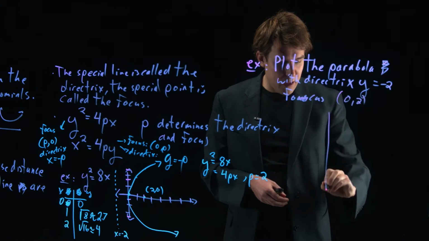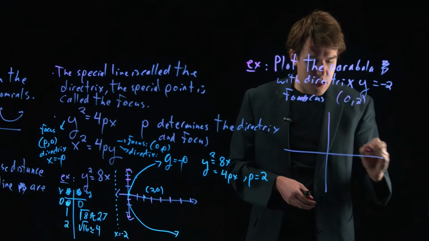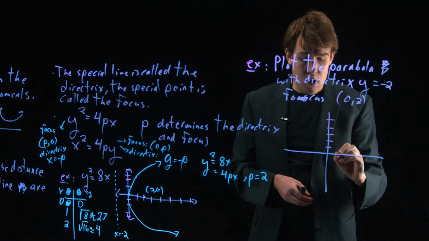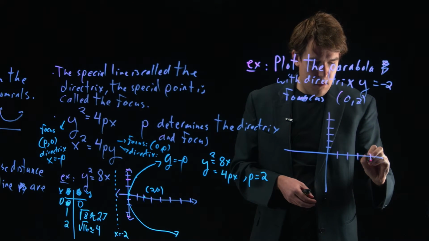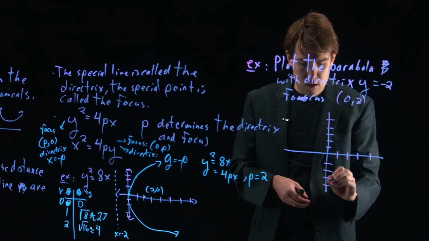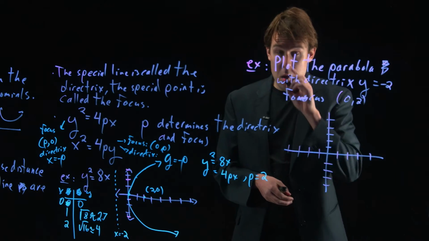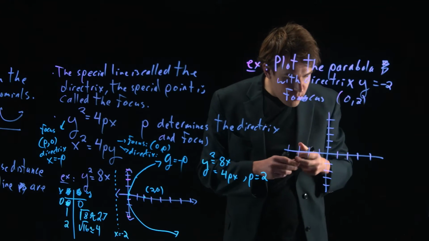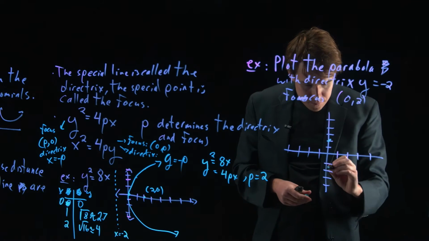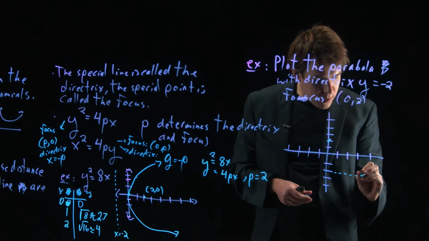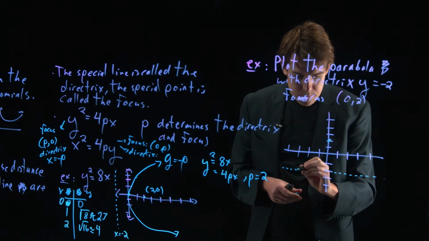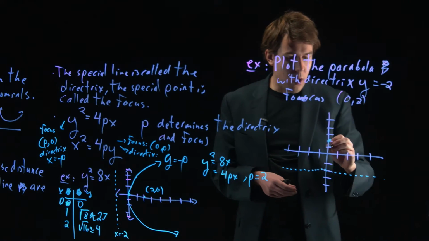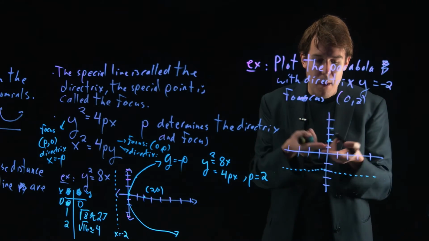So let's start by plotting those points. So I have 0, 2 here, and y equals negative 2 here. Okay, so we're going to have a parabola that opens upward.